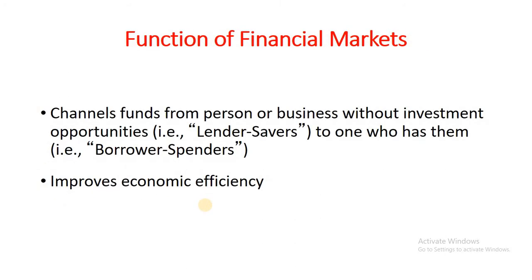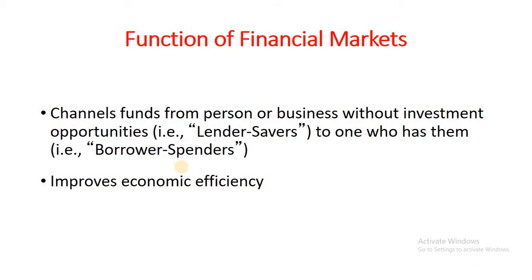Let's look at the functions of financial markets. The main function of financial market is to transfer fund from surplus unit to deficit unit. So in an economy, surplus units are the lenders or simply the savers, and deficit units are the borrowers or simply spenders.